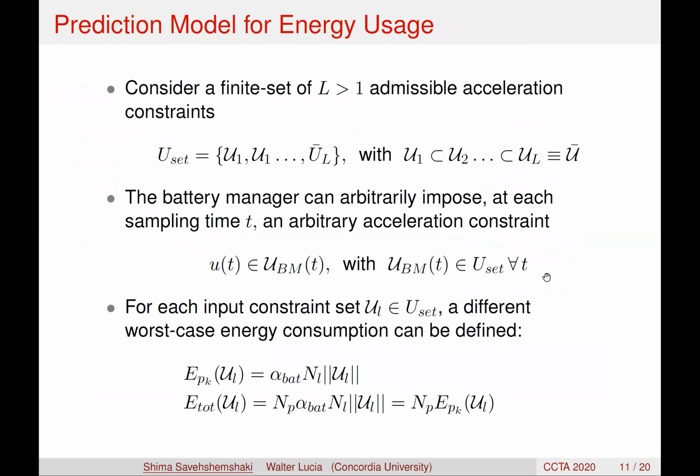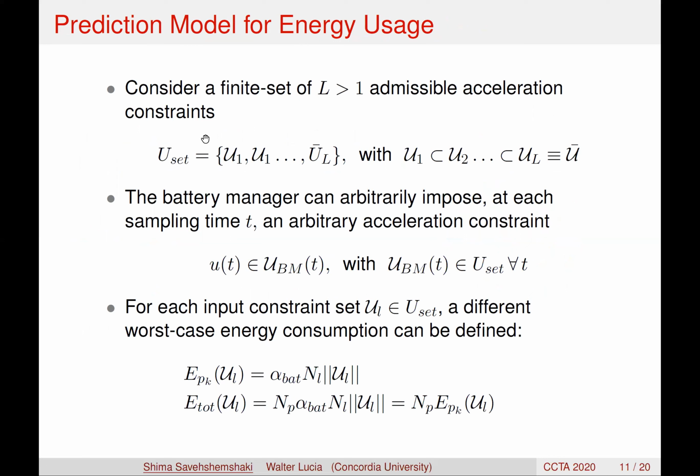Before designing the battery manager unit, to prevent battery shortage during the reference tracking, we need to have a prediction model for energy usage. Let's consider a finite set of admissible acceleration constraint profiles, which is this U set.